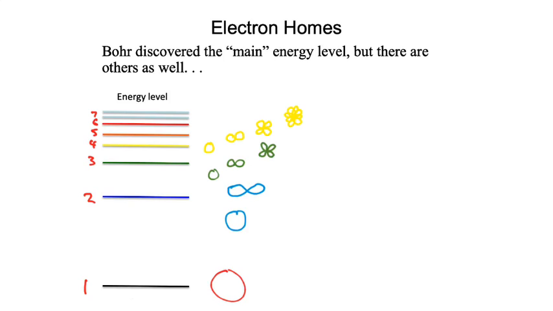So let's think about each of these shapes. If I took this circle and I turned it, would that orientation look different than that one? No. So how many orientations are there for a circle? One. Ta-da! That is my new representation.